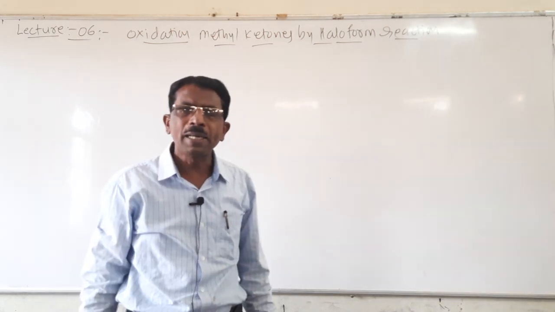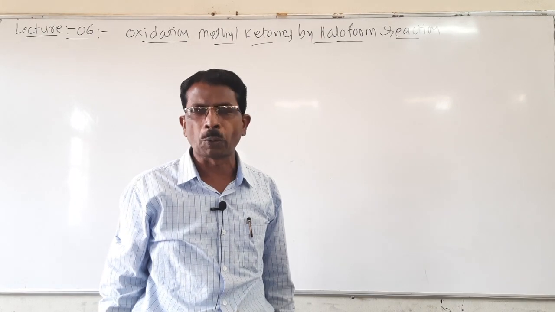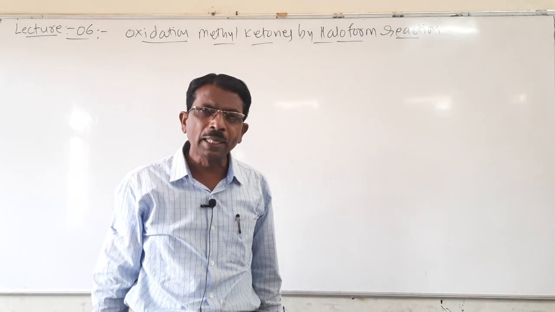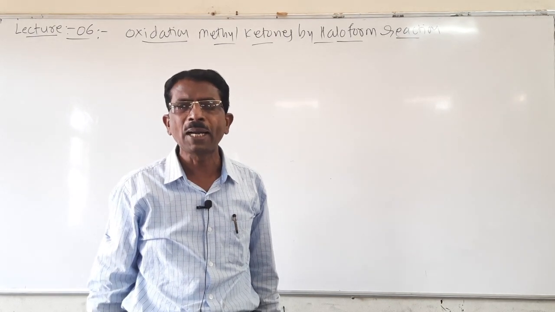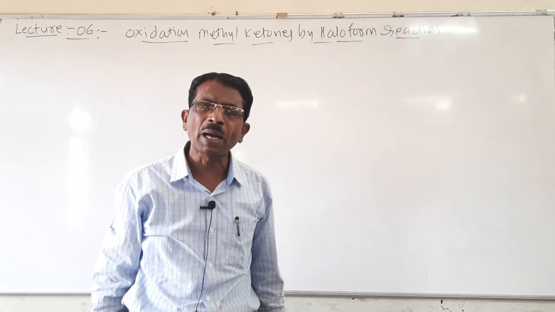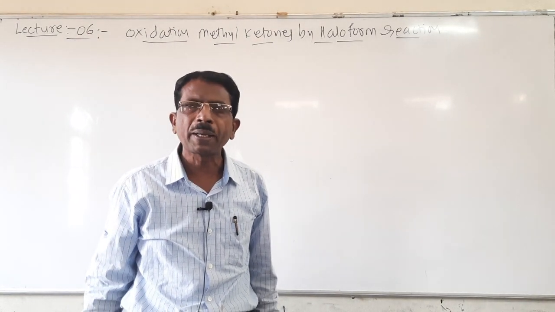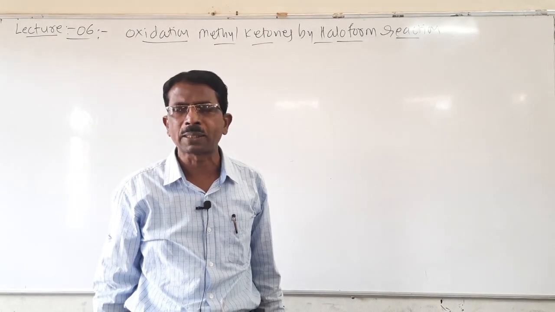Students, the aldehydes and ketones which contain at least one methyl group, linked or bonded to the carbonyl carbon atom, when treated with sodium hypochlorite undergo oxidation, forming sodium salts of carboxylic acid.